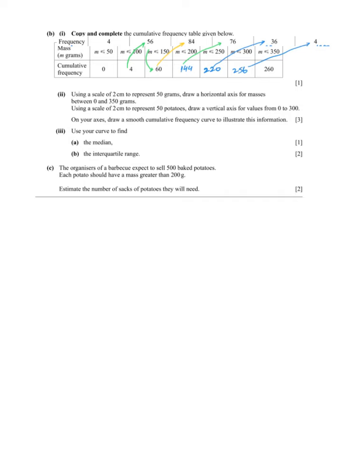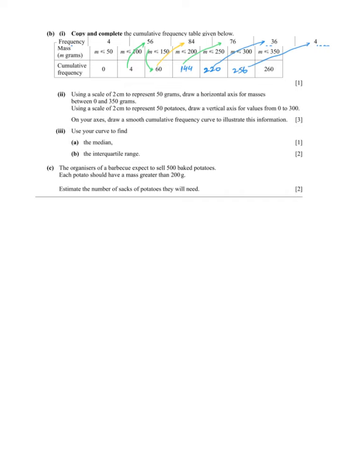So that's how you find the cumulative frequency, by adding the frequency to the next value. These values are already given in the previous part, and with this frequency you can find out the cumulative frequency.